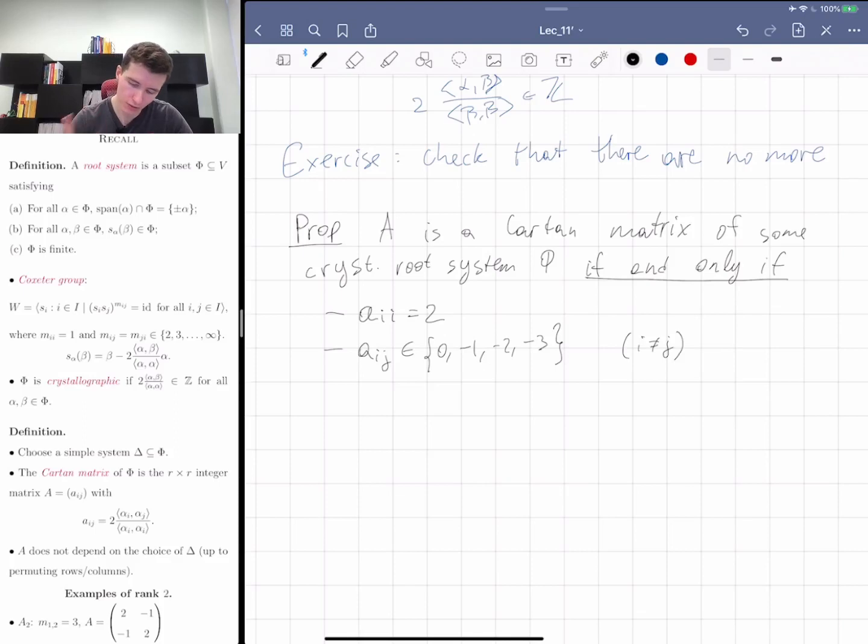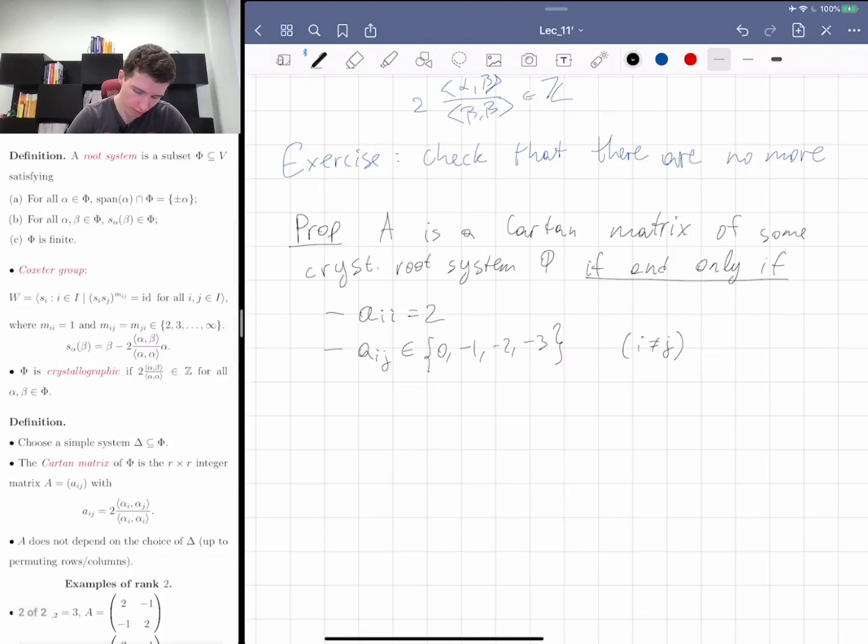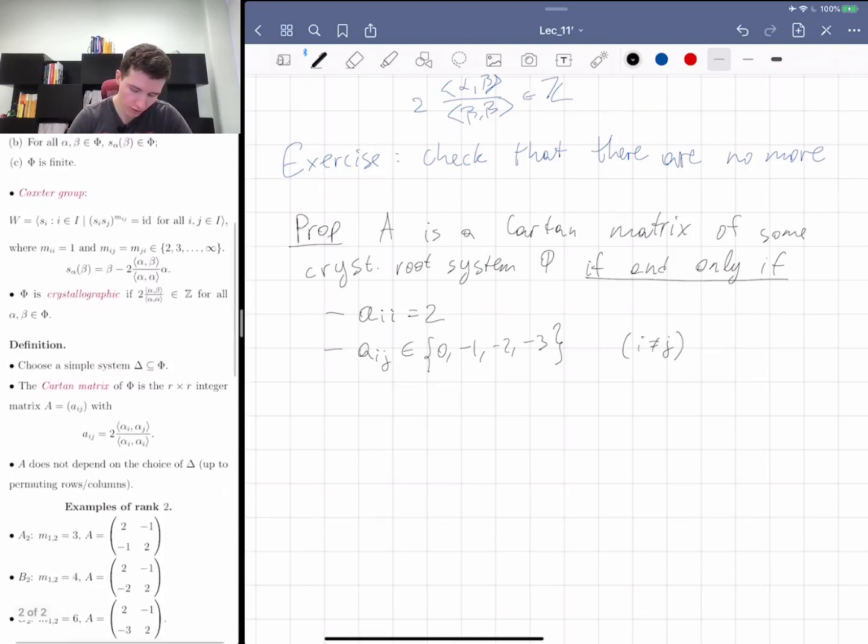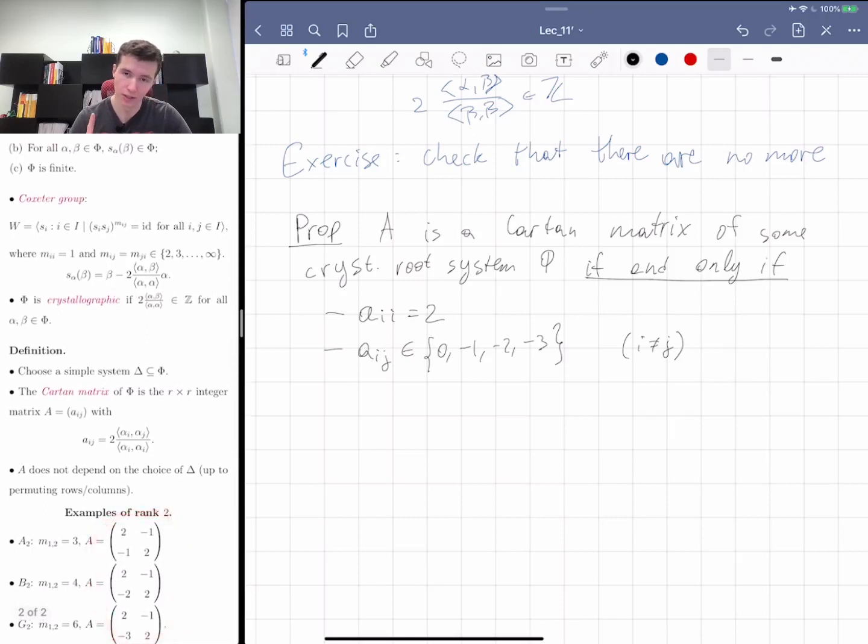And also, we saw that the matrices are not quite symmetric, but there is something symmetric about them, which is that if some off-diagonal entry is 0, then the corresponding two roots are orthogonal, and therefore the symmetric entry aji also has to be 0. So the zeros in the Cartan matrix are symmetric.